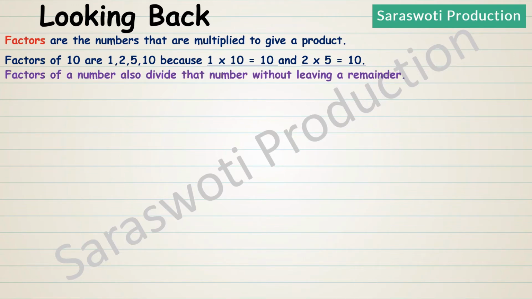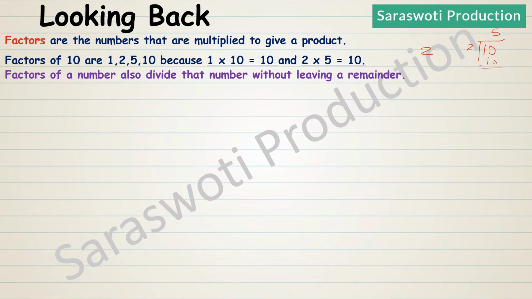Therefore, we can say factors of a number also divide that number without leaving a remainder. Now, what does this mean? Let's say you're given a number 10 and you want to check if the number 2 is a factor of 10 or not. How do you do it? So, divide the number 10 by 2. 2 5s is equal to 10.